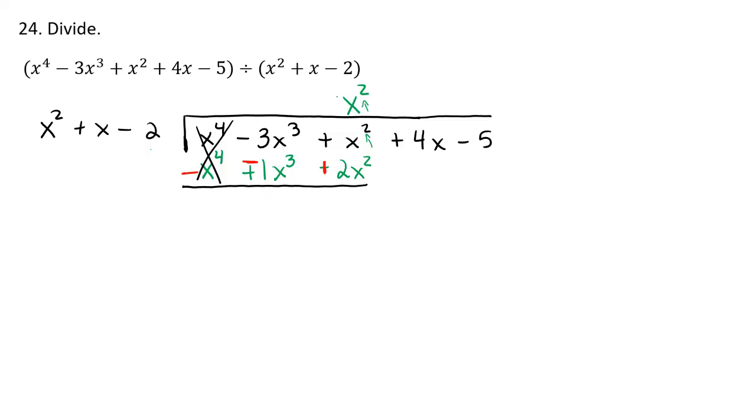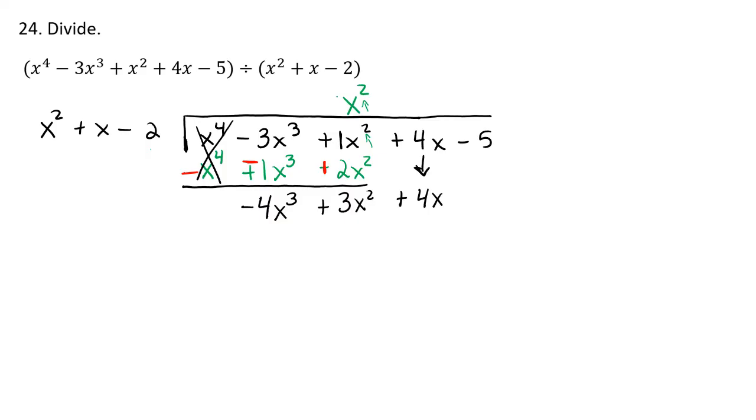Negative 3x to the third minus 1x to the third is negative 4x to the third. 1x squared plus 2x squared is 3x squared. There's nothing left to combine, so I take the next term and drop it down. You can only drop down 1 term at a time. And now I'm going to do this process again.